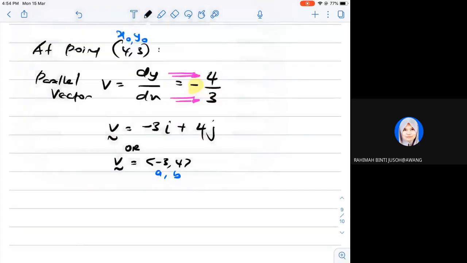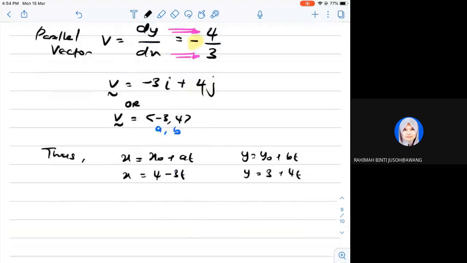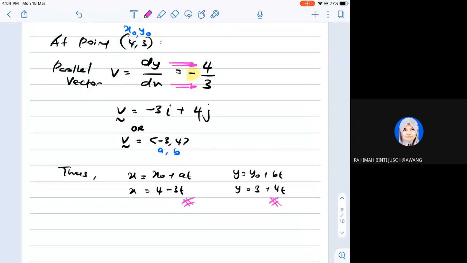So the equation of line is x equals x0 plus at, so x equals 4 minus 3t, and y equals y0 plus bt, so y equals 3 plus 4t. So this is the answer. Understand? Can you follow, guys? Okay, good.